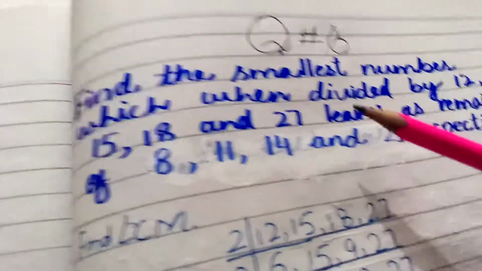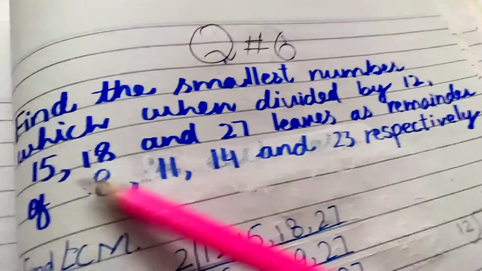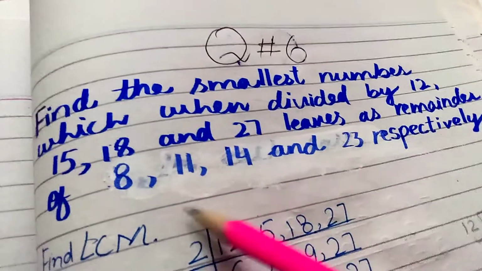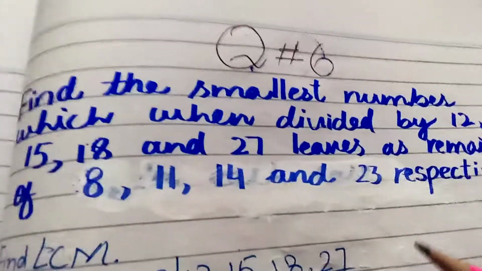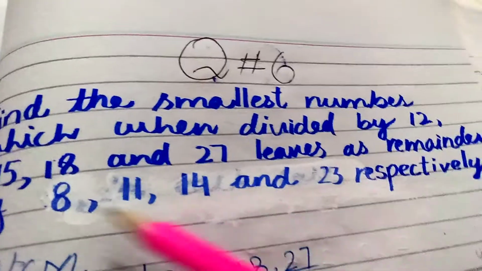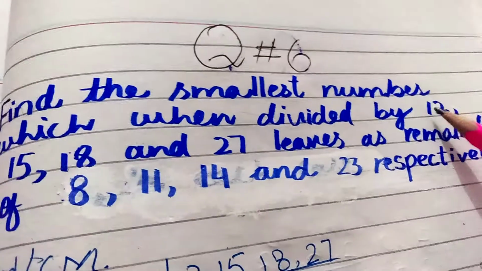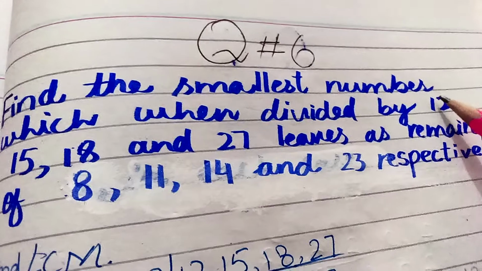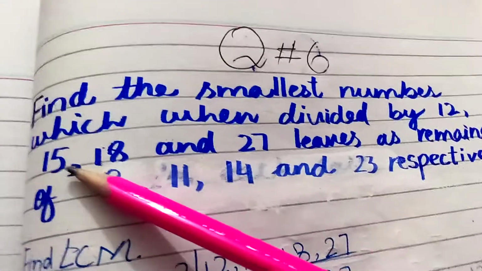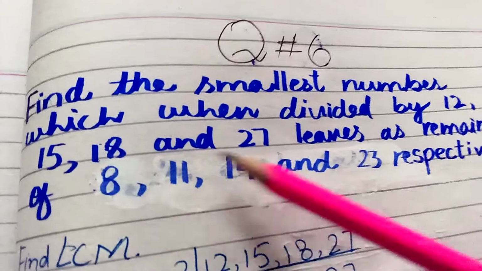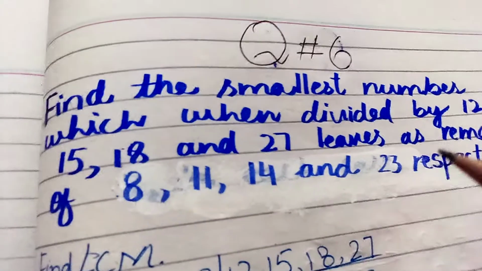The requirement of the question is when divided by 12, 15, 18 and 27 it leaves as remainder 8, 11, 14 and 23. We need remainders. Remainder should be 8 when we divide that number by 12, and remainder should be 11 when we divide that number by 15. Remainder should be 14 when we divide that number by 18.